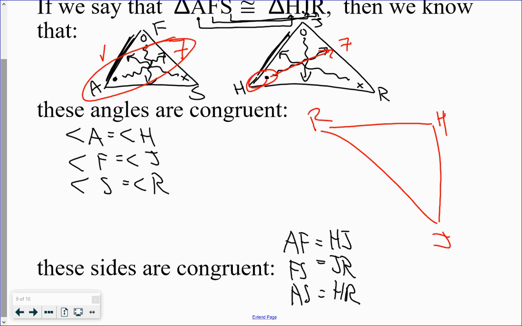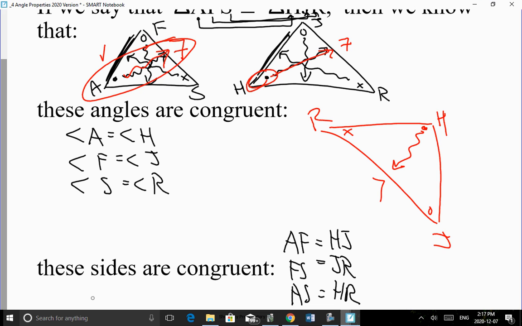You know that A and H match, F matches with J, and R matches with S. So if I know the one across from here is 7, then the one across from here will also be 7. So it's figuring out those matches, and the matches are found by following the order in which the letters are written. As long as you follow that order, it will work for you every single time.